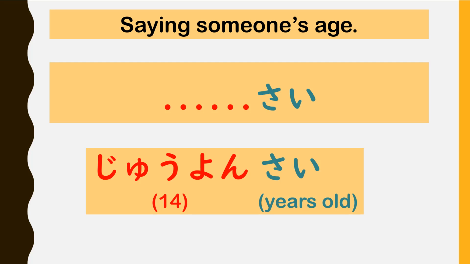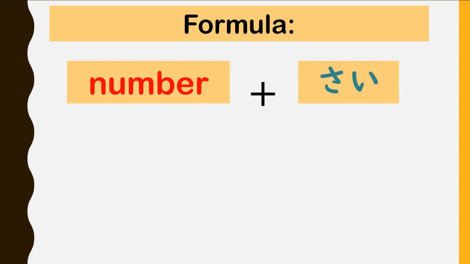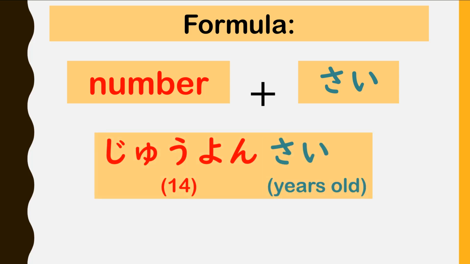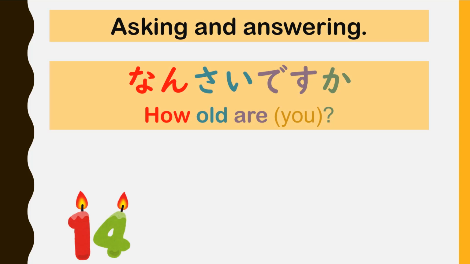Hopefully you've noticed that that's where you put the number. Let's take a look at the formula. It's number plus sai. 14歳.